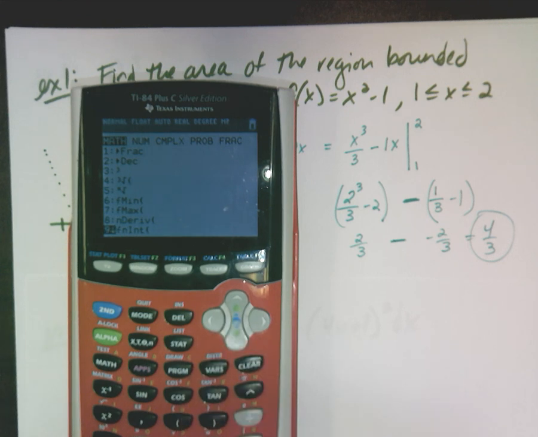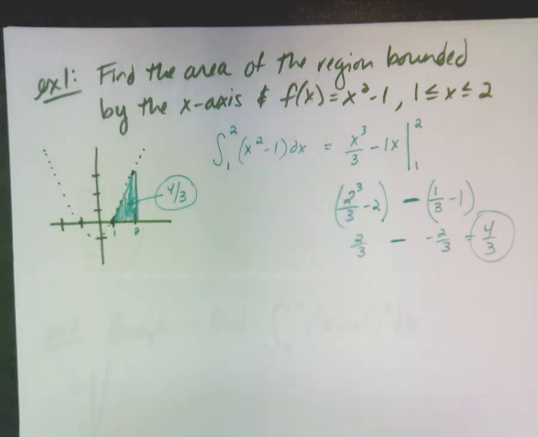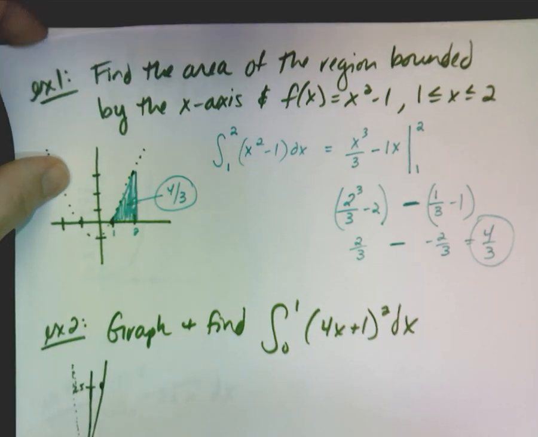And then this lovely thing will pop up, and then you can type in 1, 2, put in your function, which was x squared minus 1, and then put dx. And look at that, 1.33, which as a fraction is 4/3. Okay, so let's move on to our next one.